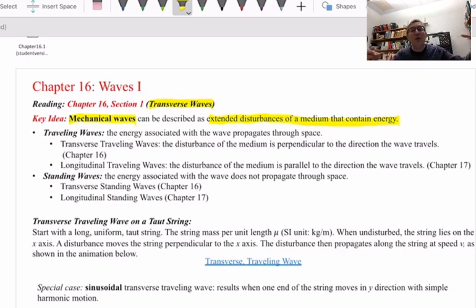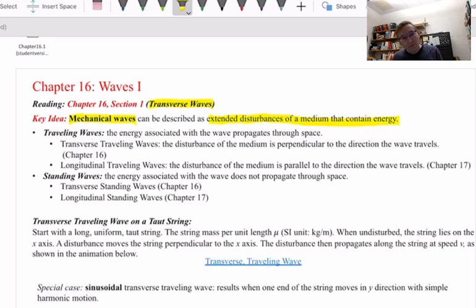It's spread out throughout the medium. And another key thing, it contains energy. You don't have to think very long to think of an example of a wave on water and how you can notice how it contains energy. Think of the destructive capabilities of a tidal wave. And it doesn't take you very long to realize, oh yes, waves contain energy.